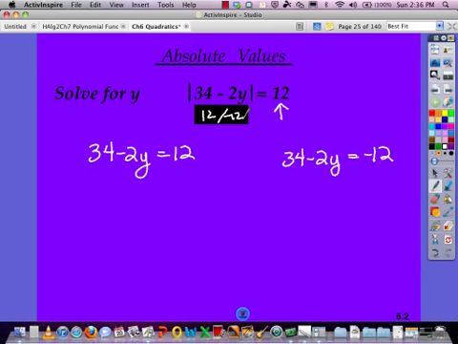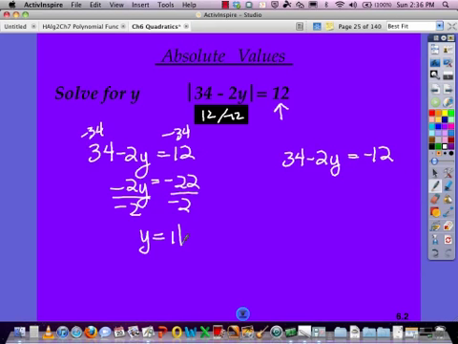So here we go. We will subtract 34 from this side, subtract 34 from this side. Negative 2y equals negative 22. Divide by negative 2, and y equals 11. It's one of our solutions. Other side, subtract 34 from both sides.